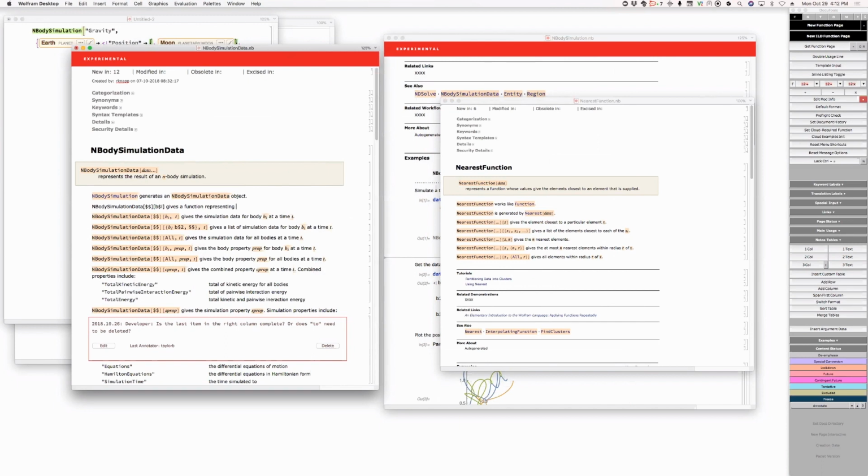Okay, it gives a function representing the state of body. Well, it doesn't quite do that. It gives the state where the position and velocity are functions of time. Maybe that's not the right thing.